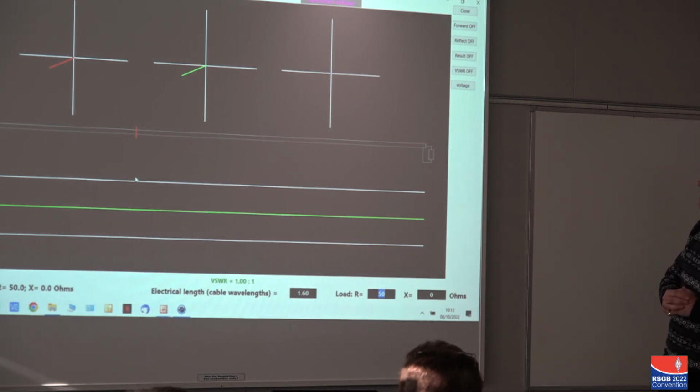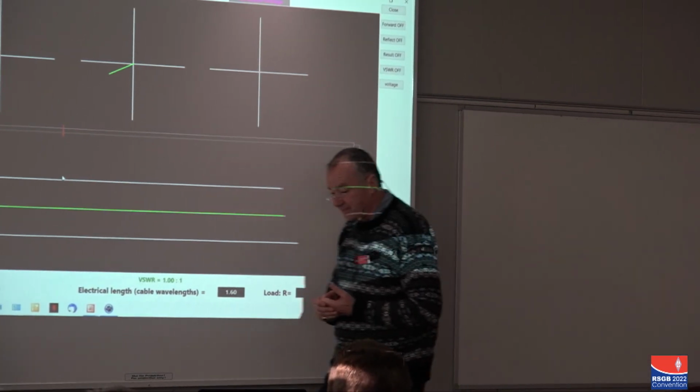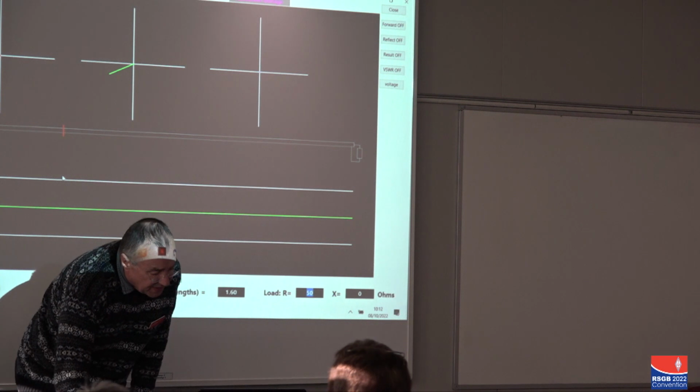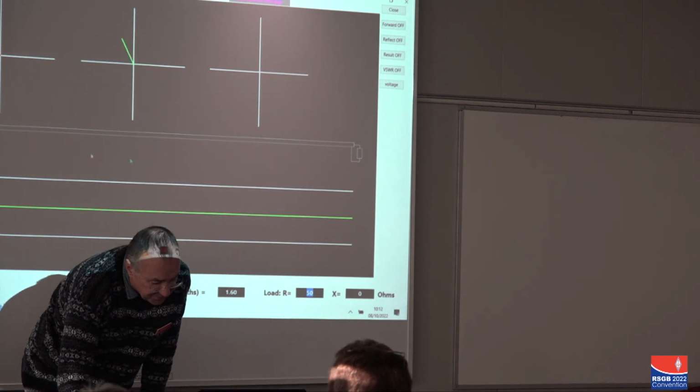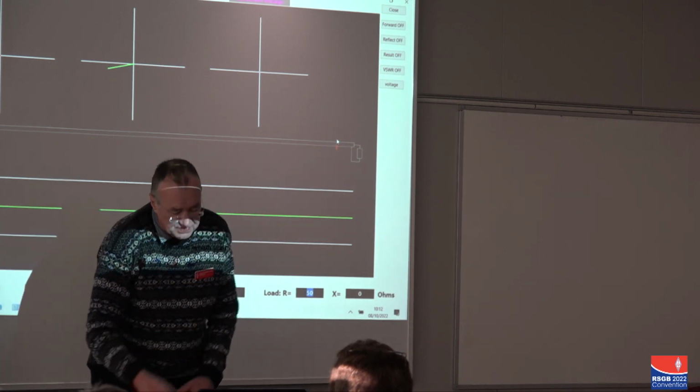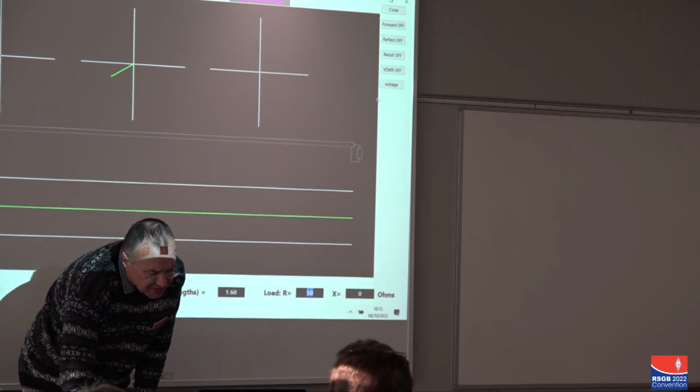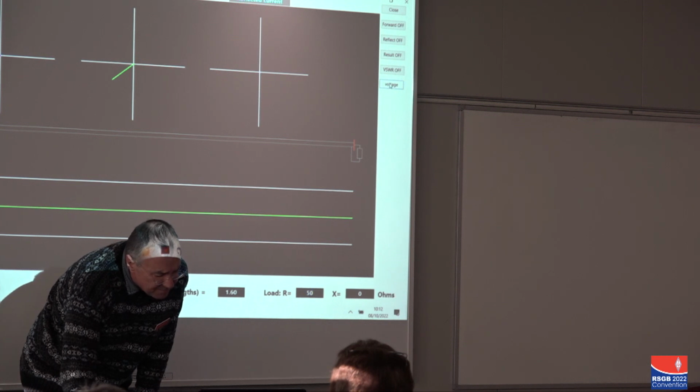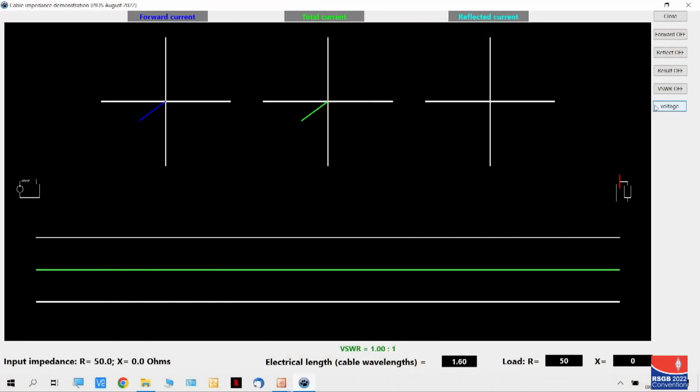So now the same thing happens, of course, to the current. We have the voltage having a phasor representation which winds like this. We could equally well represent the current. So this is now the current. The current is in blue, the sum is still in green, and the reflected current is in a different color, and I can't remember what it is, but we can get to that.